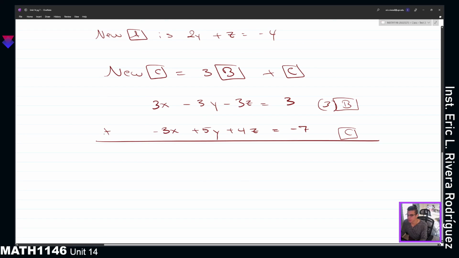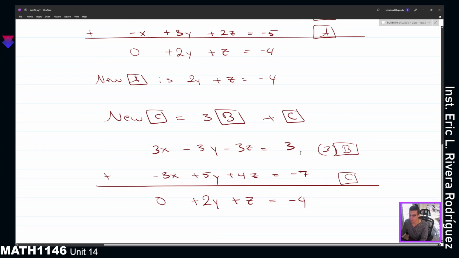Okay, so now I cancel the x term. When I add them, then I have 2y, and then I have z, and this is going to be equal to -4. Okay, so new C is 2y plus z equals -4.